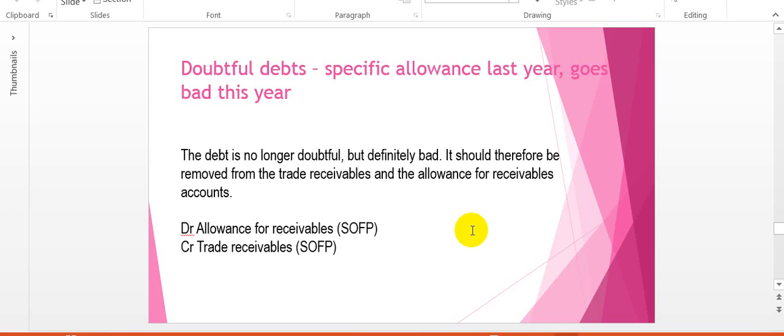The allowance account that we created has to be closed. So we debit the allowance for receivables and credit the trade receivables account to write off this doubtful debt, which is no longer recoverable.